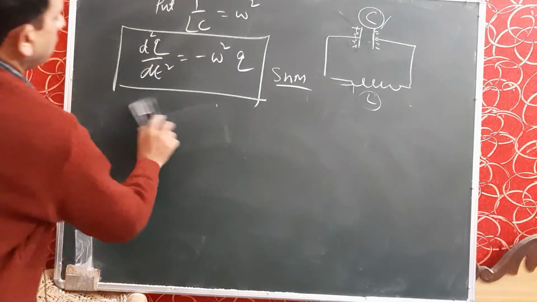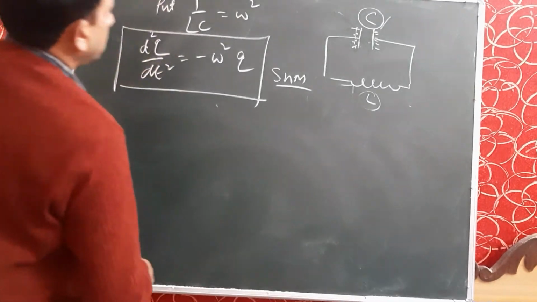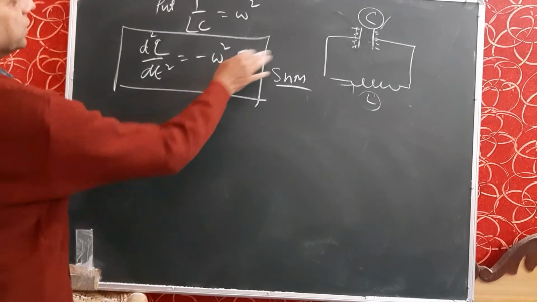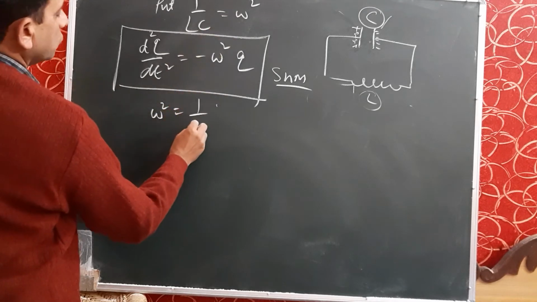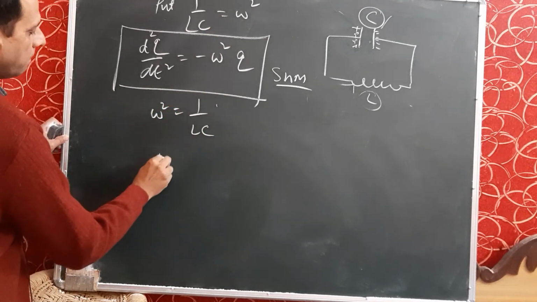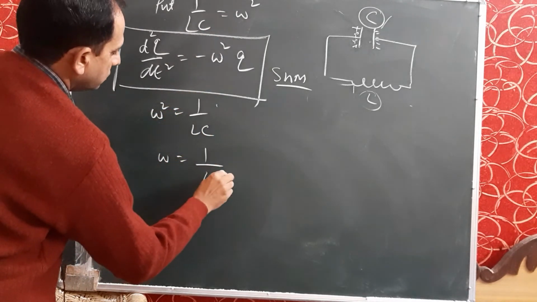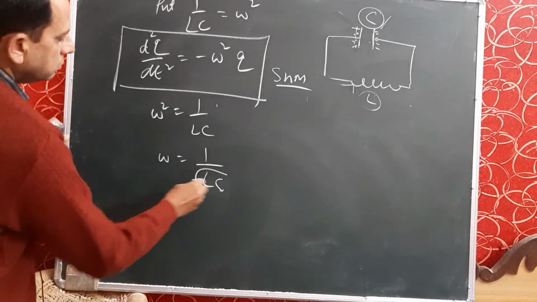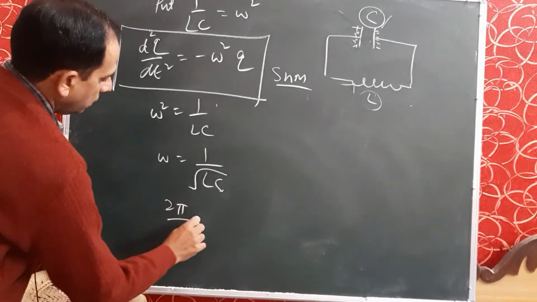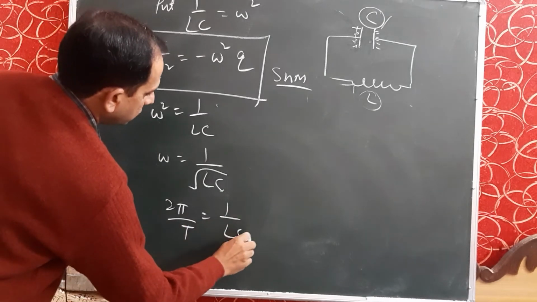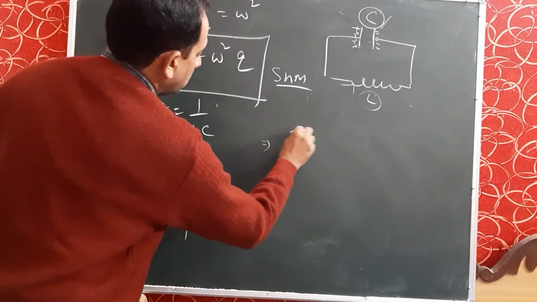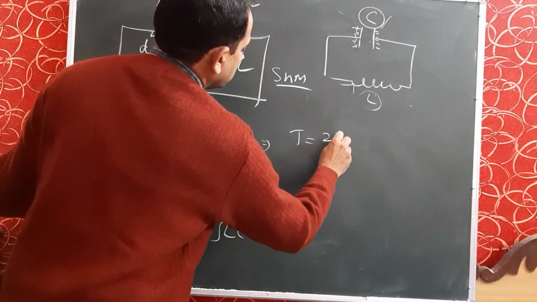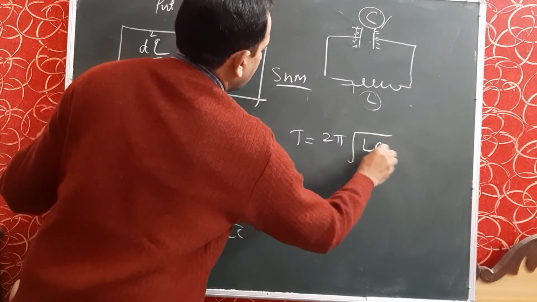Now, if the motion is harmonic, what will be the time period? It can be calculated from omega square equal to 1 by LC, so omega equals 1 by root LC. Omega is 2 pi by T, so T becomes 2 pi root LC.